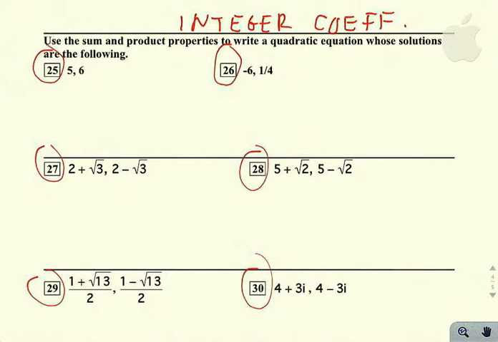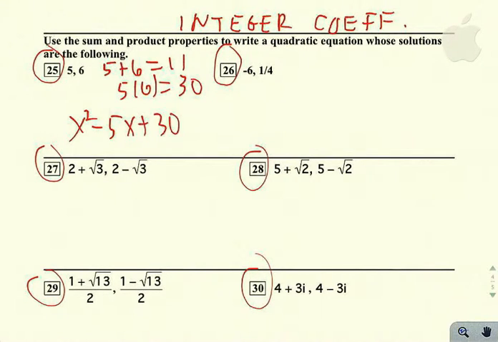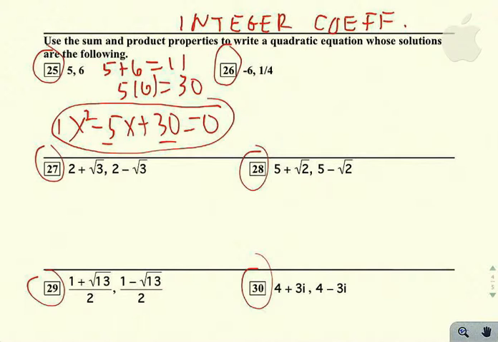Okay, you notice that these two solutions add up to 11 and they multiply to 30. So x squared minus 5x plus 30 equals 0. You notice the sum of the solutions is the opposite of that number over 1. And the product is that number over 1.